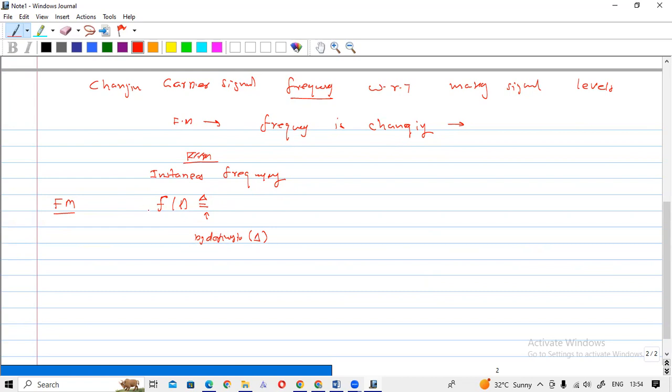So the instantaneous frequency of the frequency modulated signal is equal to f_c, the carrier frequency, plus f_delta x(t). And this f_delta x(t) we refer to as the frequency deviation.